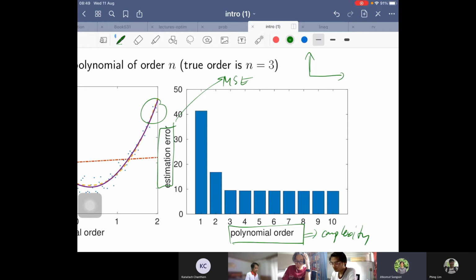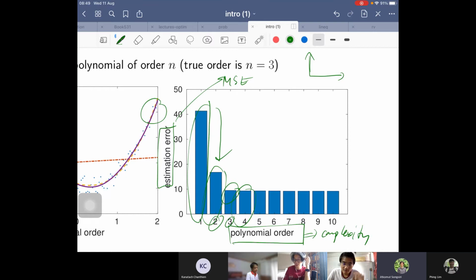When the model is first order, what do you see? MSE is very high. And suddenly for the second order, the MSE is reduced significantly, which means as you improve from first order to the second order, the model just picks up relevant features to explain the data points. As you increase to the third order, the MSE is further reduced. But what happened about the fourth order? Sitipa?